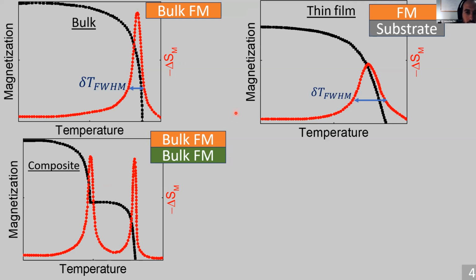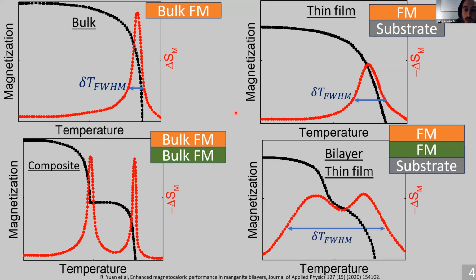So in order to improve this and have a larger temperature range where the magnetocaloric effect can be developed, you can think about a bilayer. So we are going to study a system of 2 layers of thin films, and you can have a more stable region where the magnetocaloric effect is important.